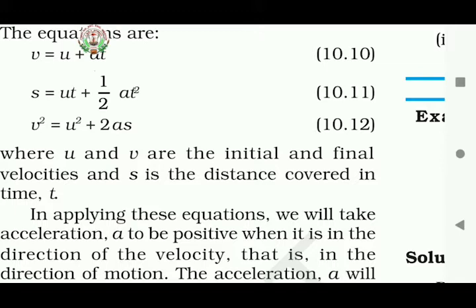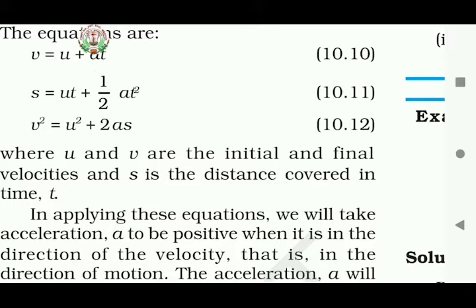Second point, when a body is thrown vertically upwards, its velocity is decreasing. So the acceleration due to gravity g is taken as negative. That is, acceleration due to gravity is equal to minus 9.8 meter per second square for a body thrown upwards.